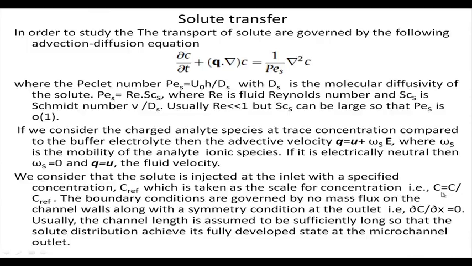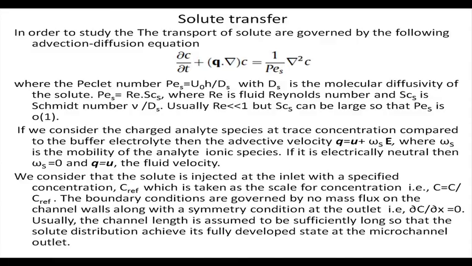So the non-dimensional concentration is defined as C bar equal to C by C reference, and the boundary conditions are no mass flux on the channel walls. The channel walls, with the normal along the y axis, are at y equal to 0 and y equal to 1.